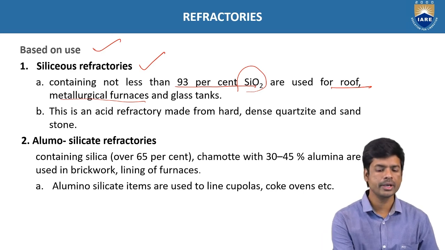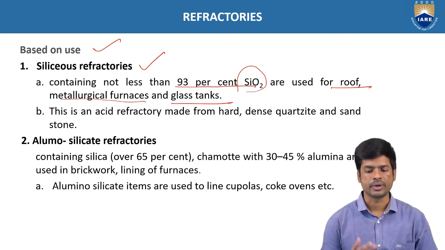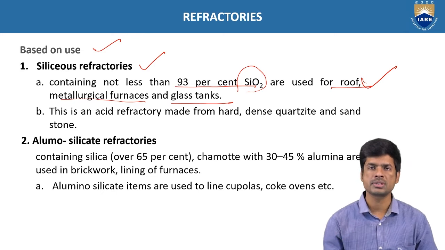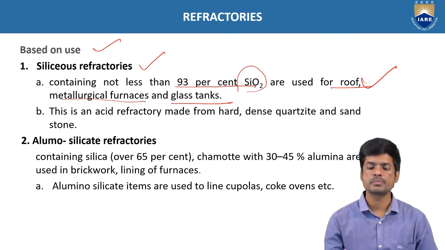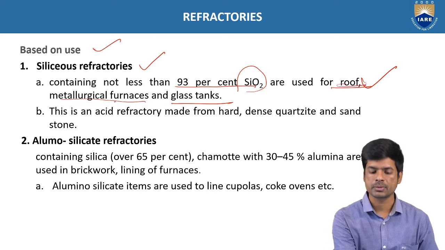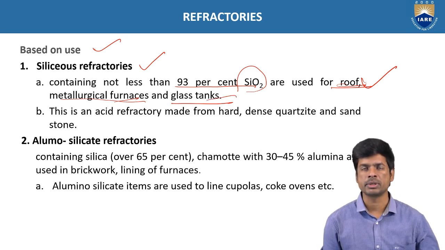And next, glass tanks. So for preparing glass tanks, furnaces and roofs, for these three purposes we use siliceous refractories. This is based upon the usage: roof construction, furnace construction and tank construction. That is why this is classified as siliceous material, because it is used based upon the silica content.